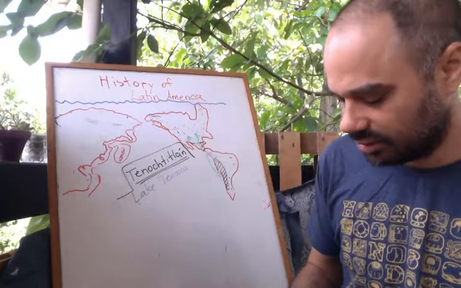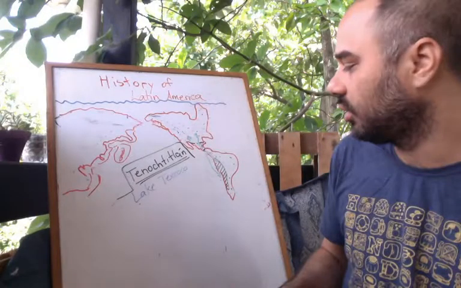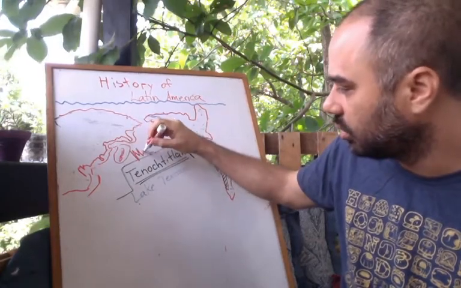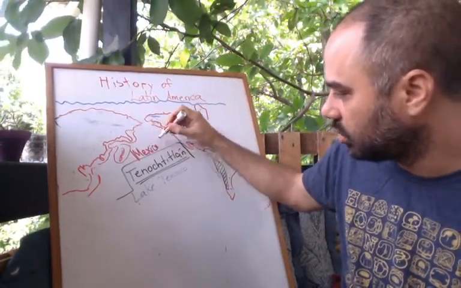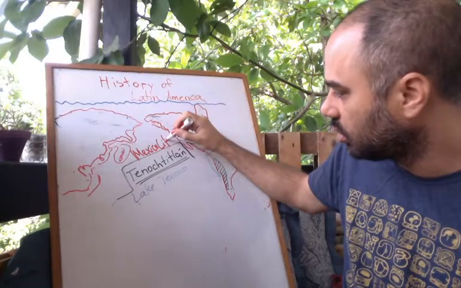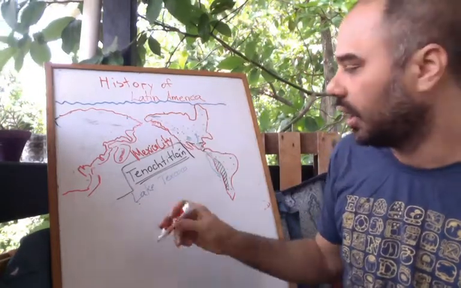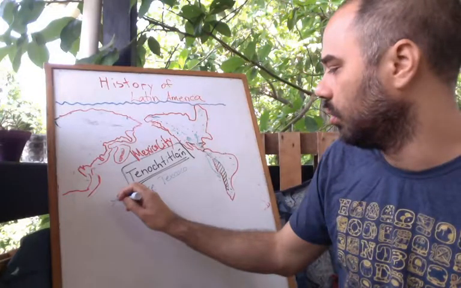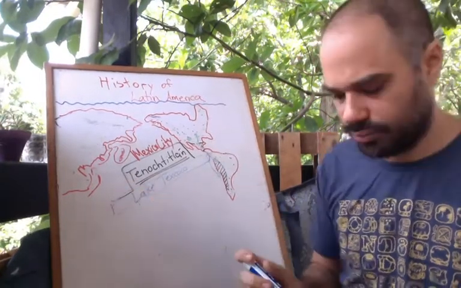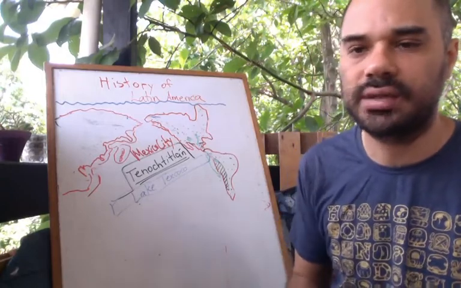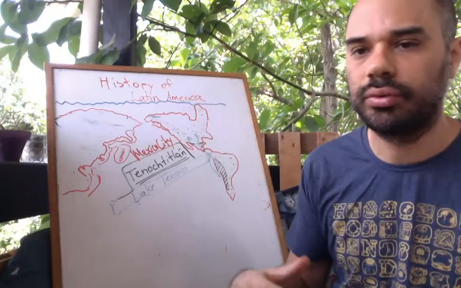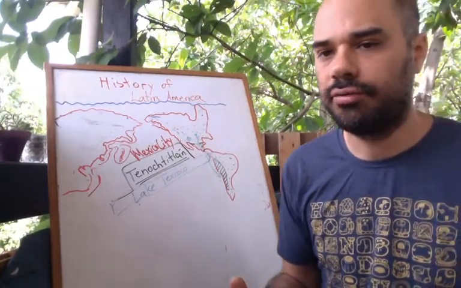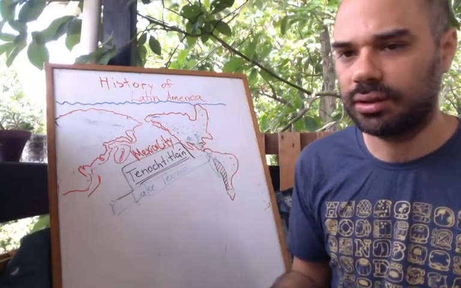Mexico City was built on top of Tenochtitlan. And remember that we have a lake over here. Tenochtitlan was built over a lake, but they created artificial islands like caña.